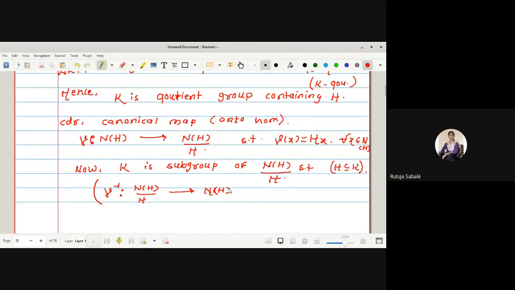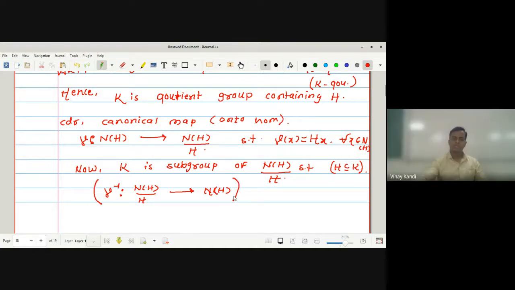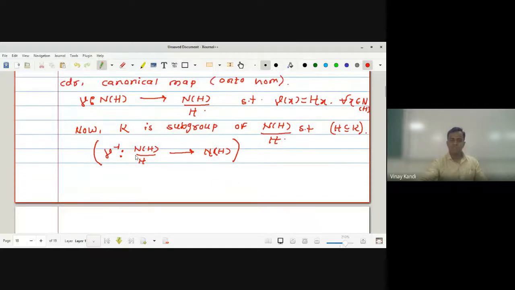No, लिहायची गरज नाहीये, ते लक्षात ठेवा. Okay, the gamma inverse is the mapping from N of H upon H to N of H. Okay, now we know that here the H is contained in K. Okay, so what we have, the gamma inverse of H is always contained in gamma inverse of K.